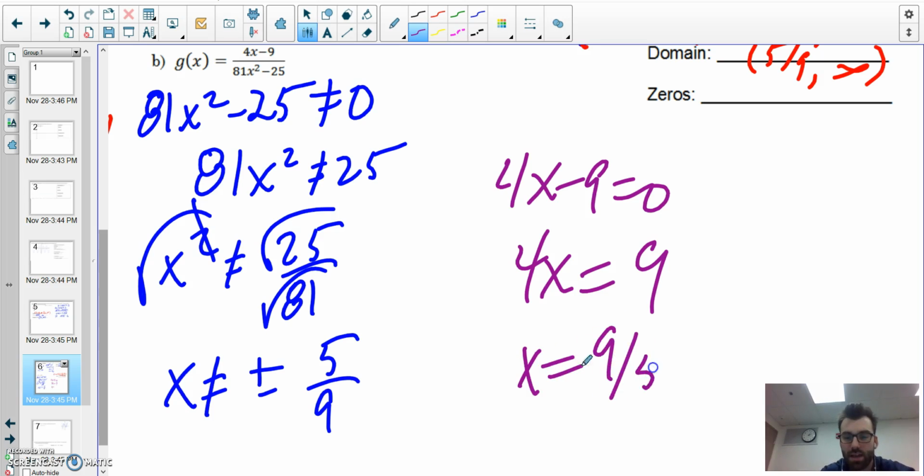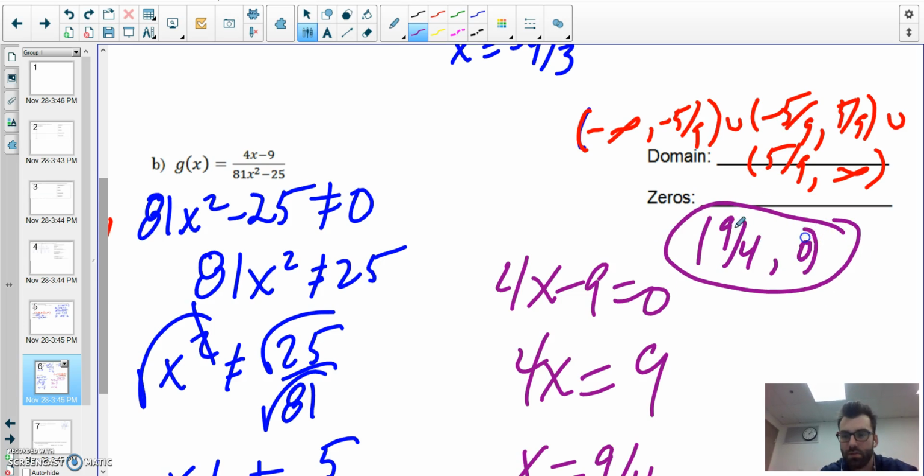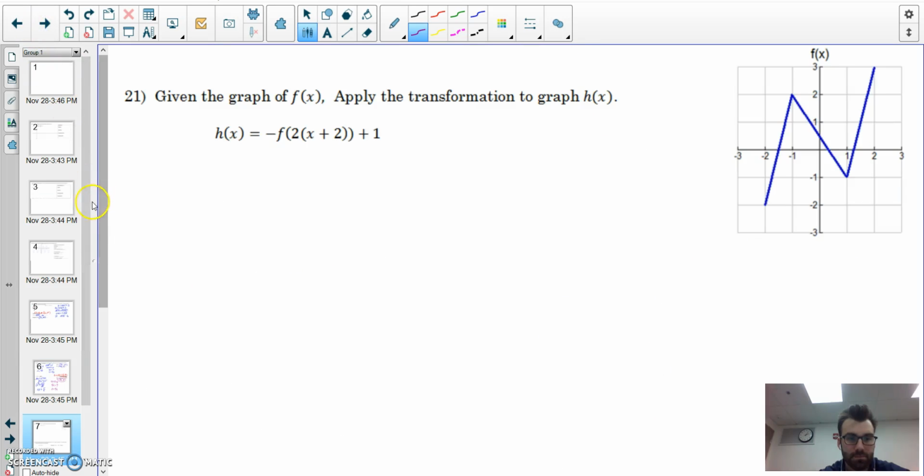So wouldn't it make sense that that number is not our 0? 5 over 9 cannot be a 0 and be in that domain. My number is 9 over 4, comma 0, for my zeros. All right. Cruising. 21. Oh, buckets. Here we go.